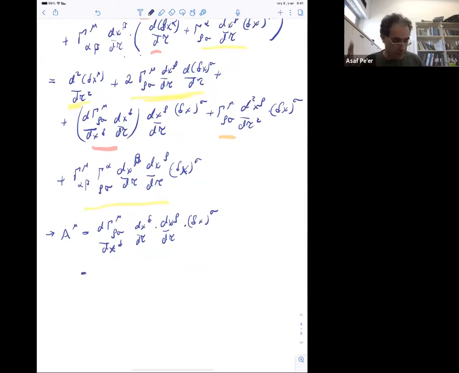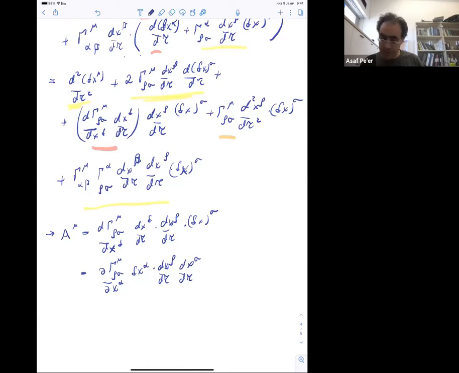Then we have this minus term from the equation above. So minus d gamma mu rho sigma over dx alpha delta x alpha times dx rho over d tau dx sigma over d tau.